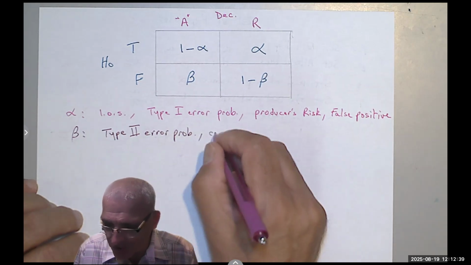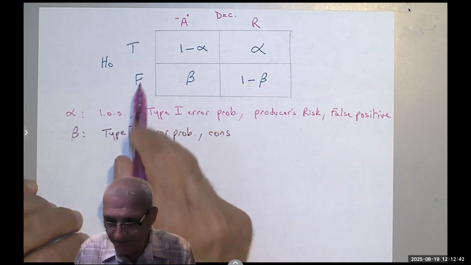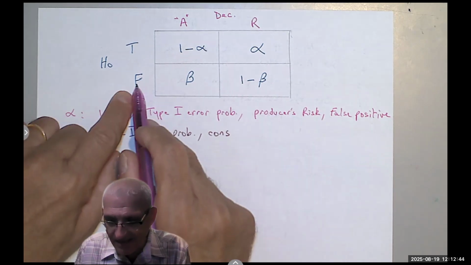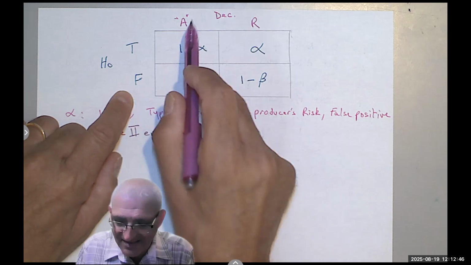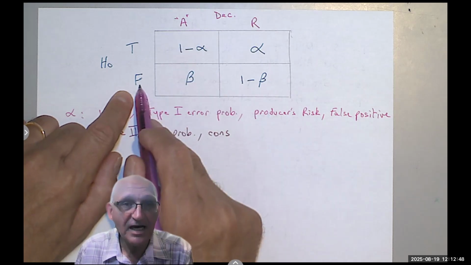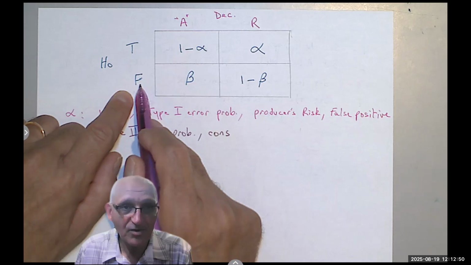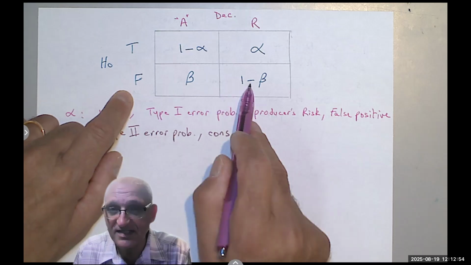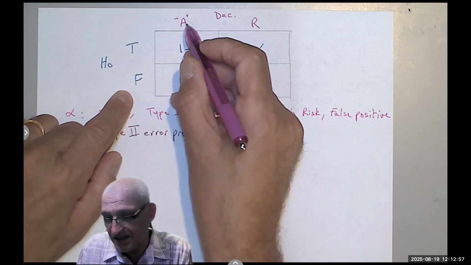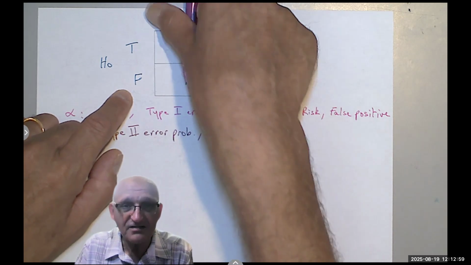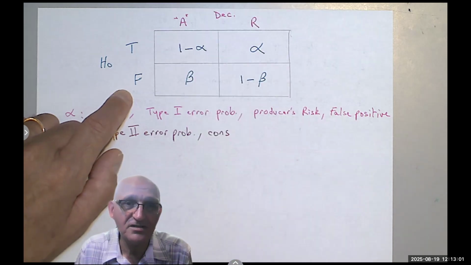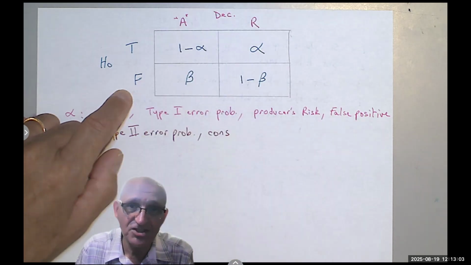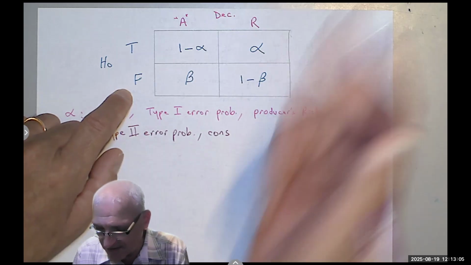It's the consumer's risk because you may accept a false hypothesis. Okay? It's false. The producer is not telling the truth, but you were unlucky. The sample statistic didn't fall into the rejection region, so you failed to reject it, which means you accepted it.